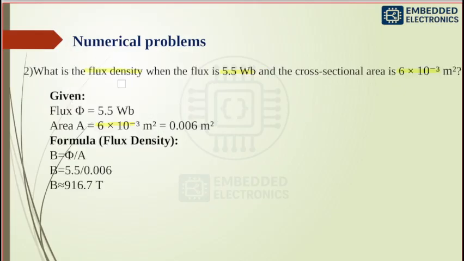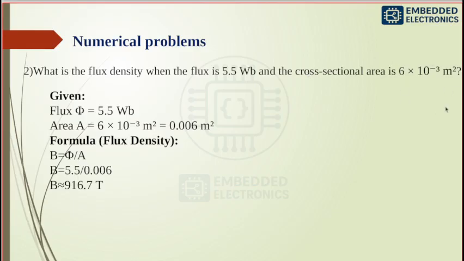And next, we have another numerical. What is the flux density when the flux is 5.5 Weber and the cross sectional area is 6 into 10 to the power minus 3 meter square?